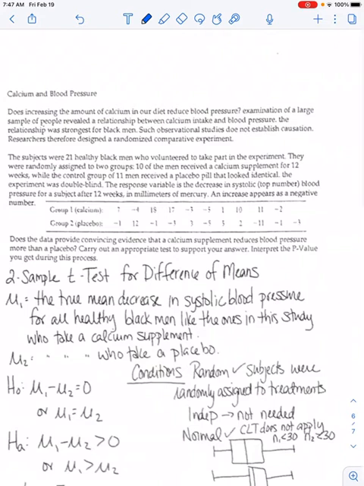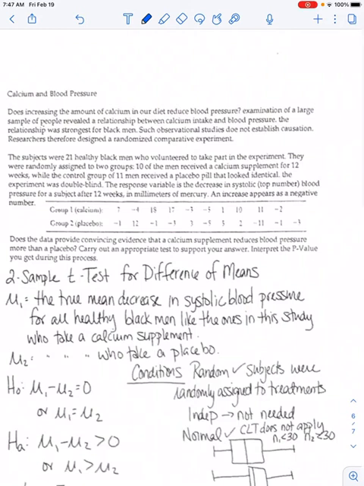So now I'm in 2 separate samples. So this is not a matched pairs, this is a 2-sample. If the 21 volunteers each received a placebo and the calcium supplement, then we would be a matched pairs. But it was divided into 2 groups. So it can be kind of tricky. Okay, so 2-sample t-test for difference of means.